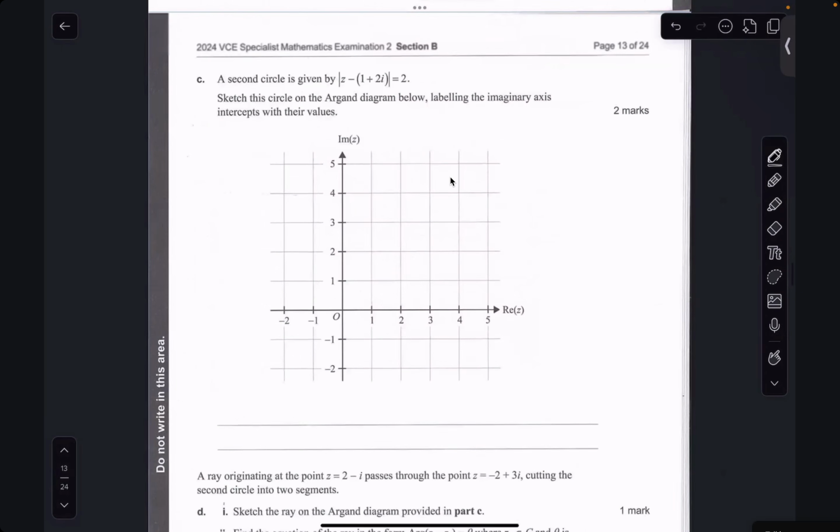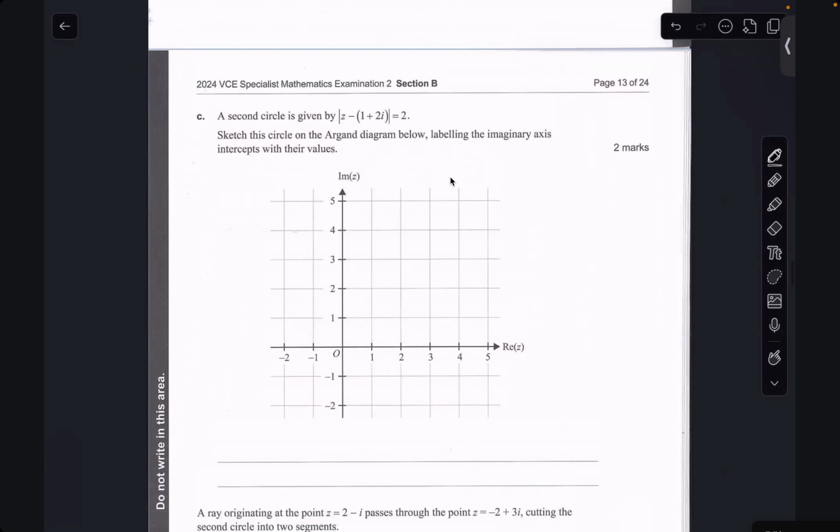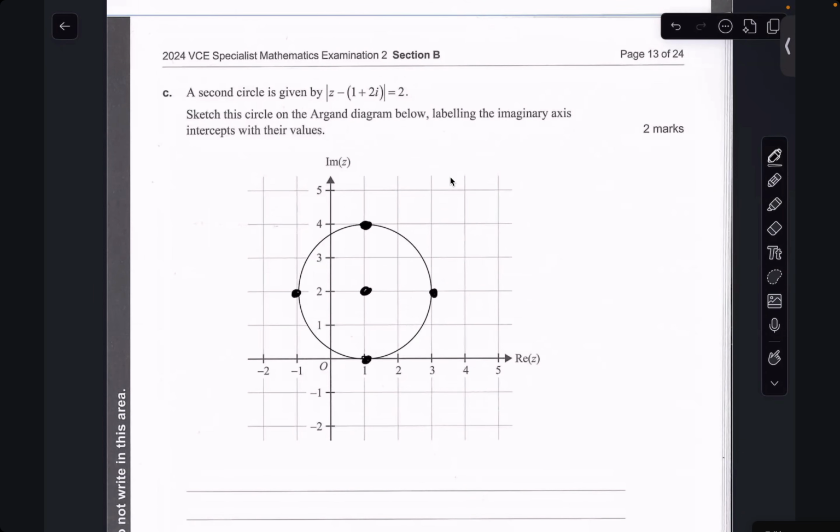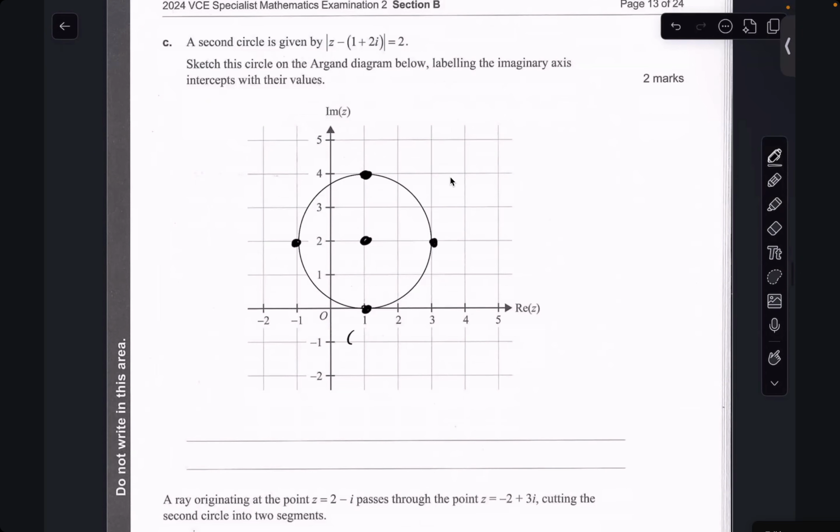The second circle is given by that. Sketch this circle. So this has a center of 1, 2, and a radius of 2. Give me a circle. There we go. Labeling the imaginary axis intercept.